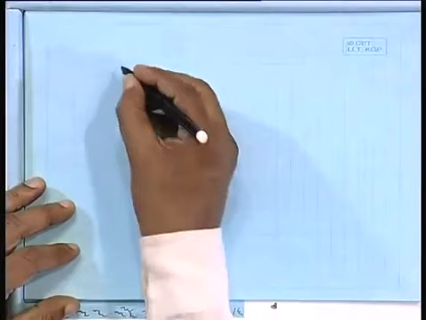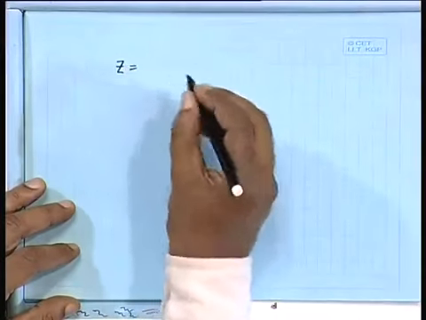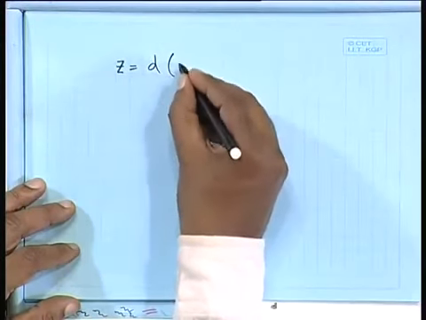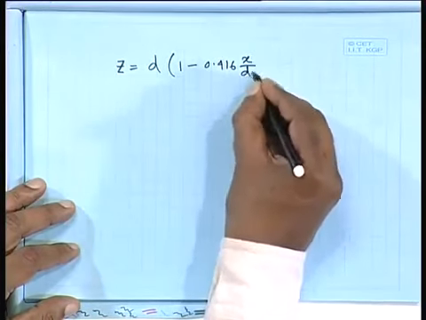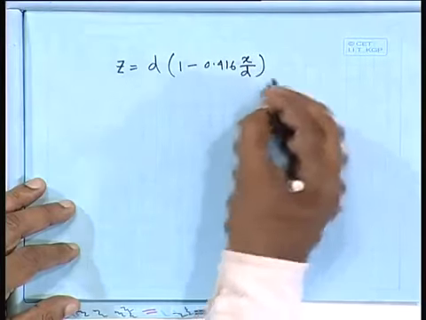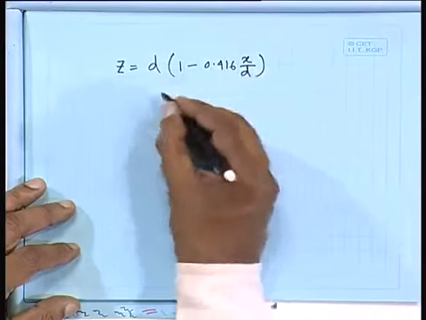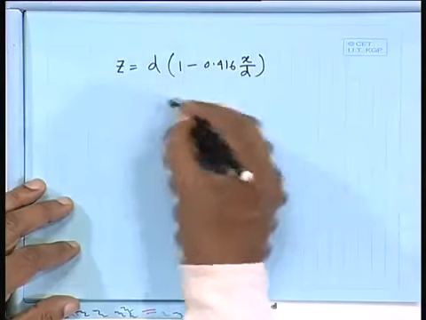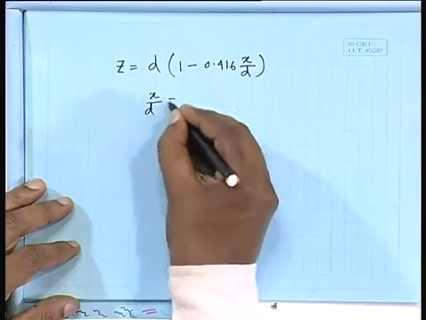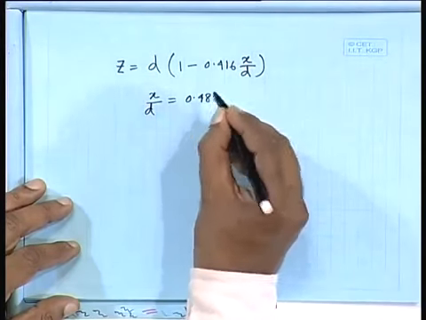And if it is a balanced section, then immediately we can calculate z, that z equal to d times 1 minus 0.416 x by d. So we need not calculate from the quadratic equation. What we can do, x by d is 0.48 for the balanced section.